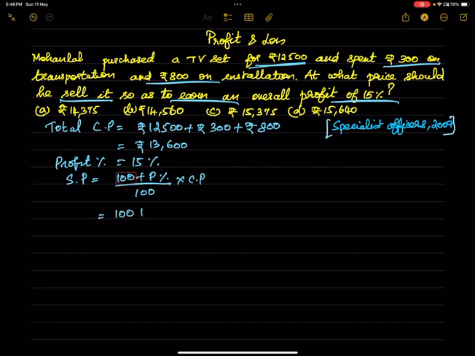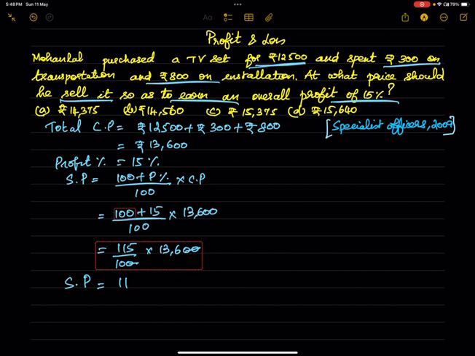What is profit percentage? 15 percent. What is CP? 13,600 we got. So 115 by 100 into 13,600.